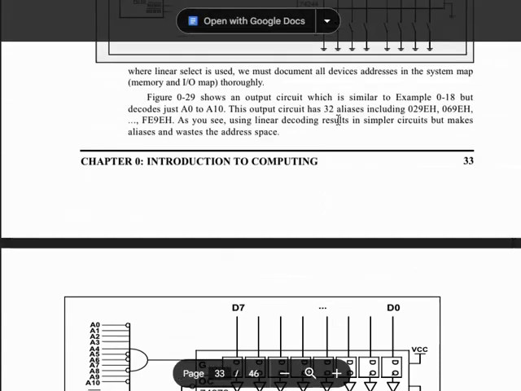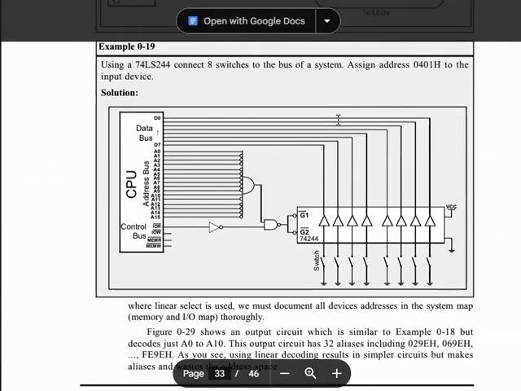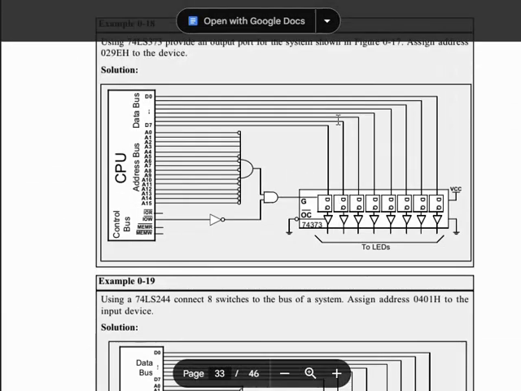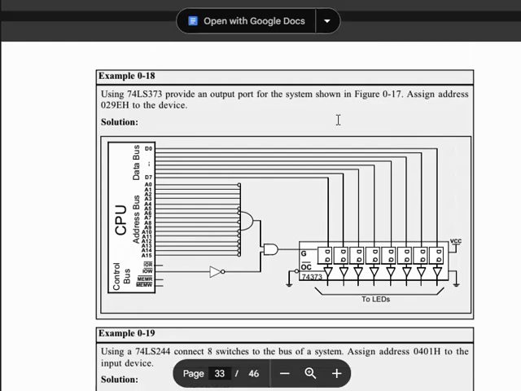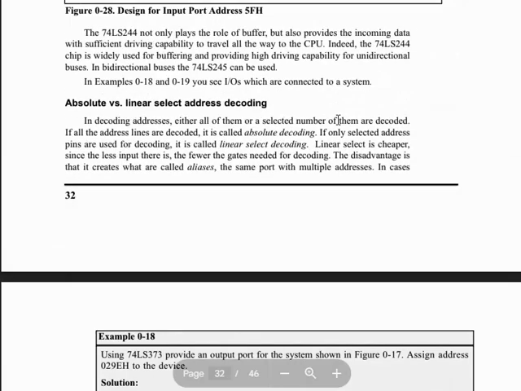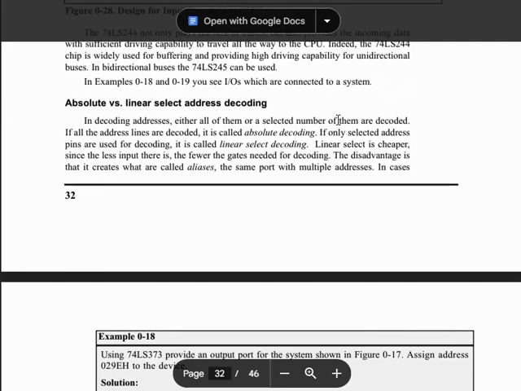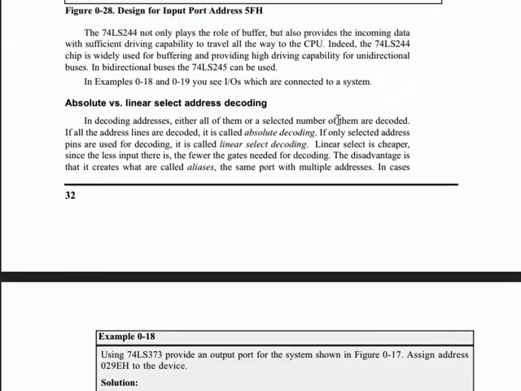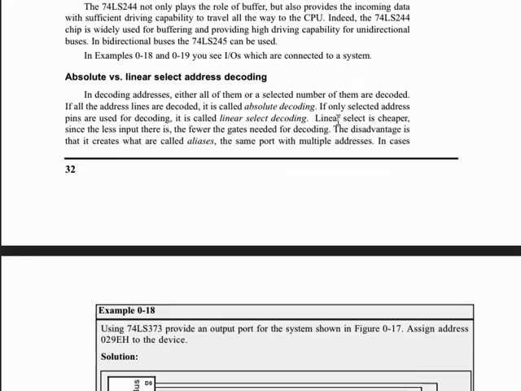If we have to choose between absolute and linear select decoding, we have to consider the system requirements, such as address space, complexity and cost. Weigh the trade-offs between the two methods, considering factors like aliases, address space usage and circuit complexity.